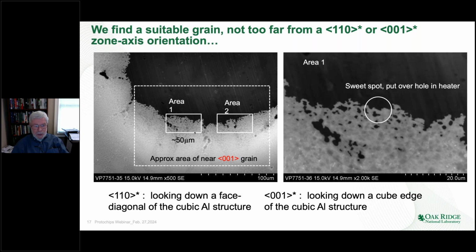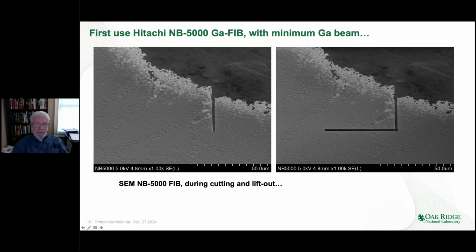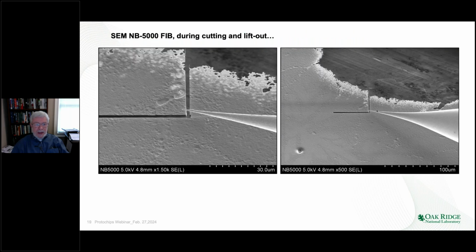Gallium is bad for aluminum, so we could get predetermined orientation near, in this case, near a 001 grain zone axis of the grain in this image, and we would then section out the grain, the area that we wanted to look at, using gallium FIB.